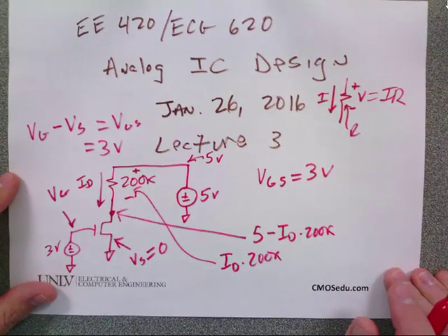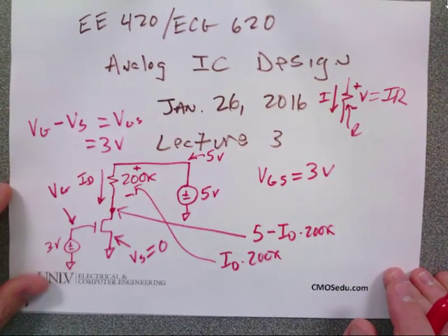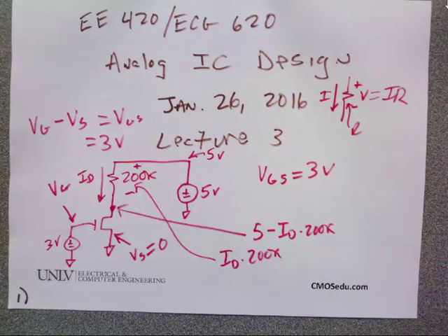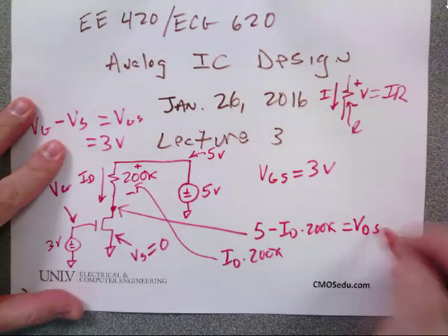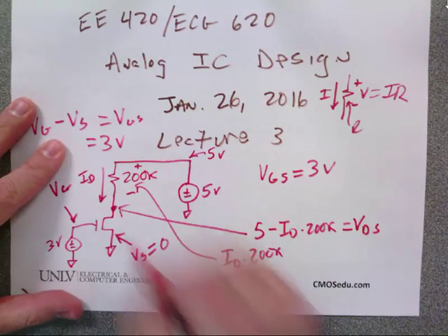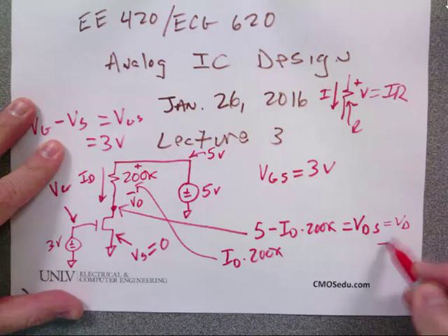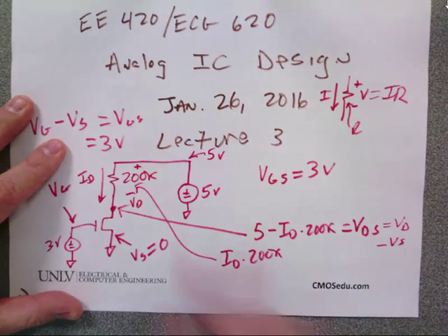Questions? What is VDS? That is VDS. The source is 0. VD is this voltage. So that is VDS.